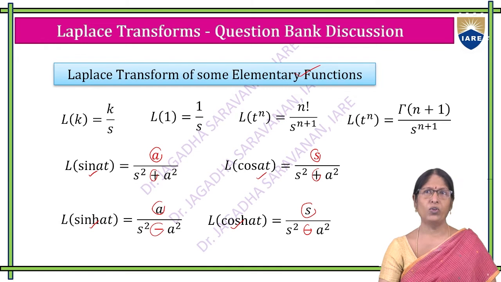Then we won't commit mistakes, because the formulas are defined on that basis, and solving problems depends on them. So we have to remember the formulas, and any good method to keep them in our mind, we can adopt.